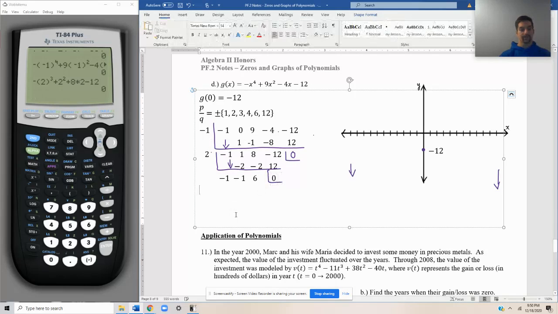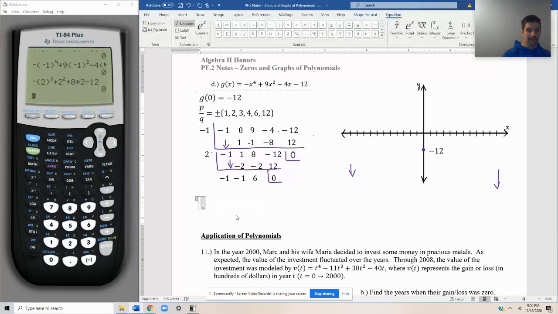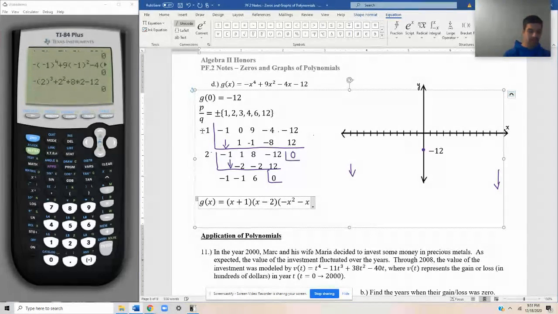So now g of x can be rewritten here. g of x can be written as x plus 1. My factor that gave me negative 1 as a 0. x minus 2, my factor that gave me 2 as a 0. And now negative x squared minus x plus 6.